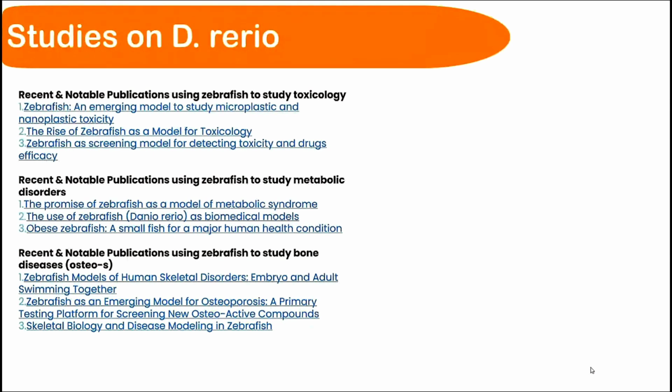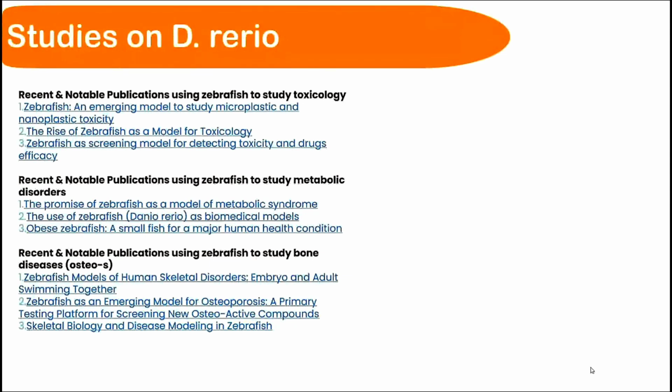There are studies with respect to obesity also. And this paper I found really interesting, where the small fish can help us to study the underlying reasons for obesity in human beings also. So one would wonder, a small fish like zebrafish elucidating the underlying mechanism, what causes obesity in human beings as well.